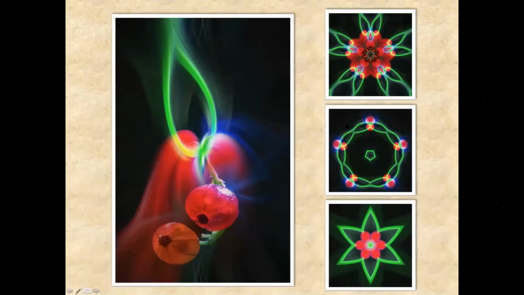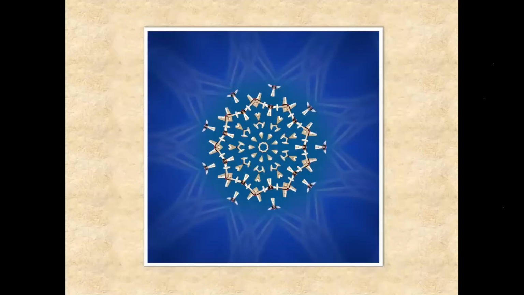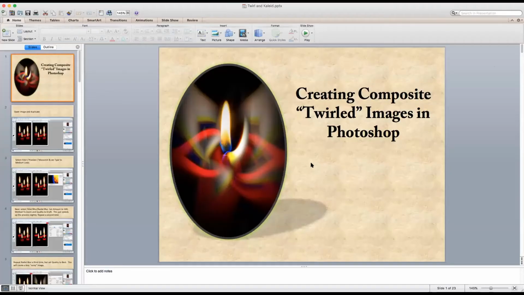And here are some different examples of kaleidoscope images created with that filter plugin. Snowbirds again. And that's it.